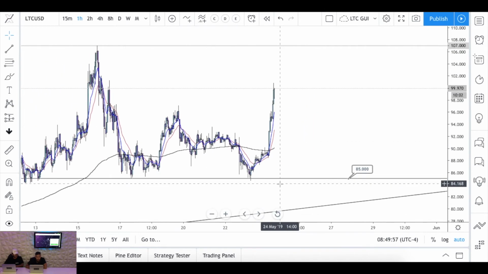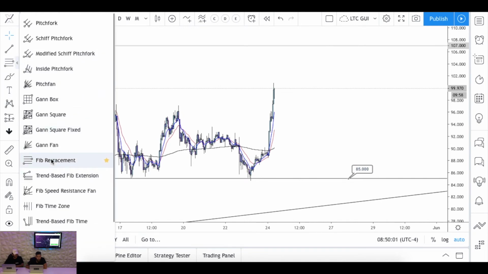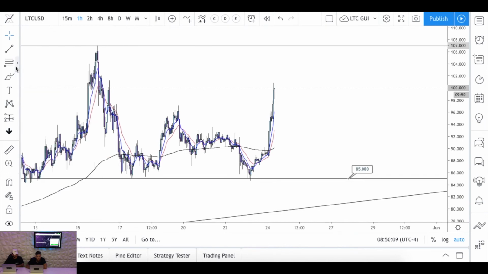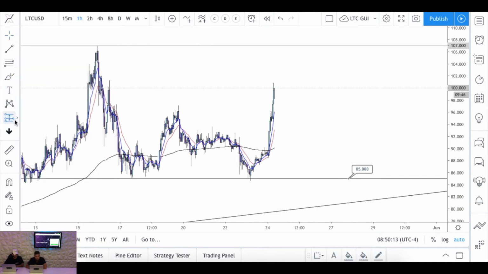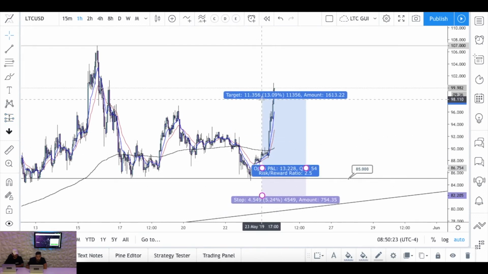Okay, on the Litecoin, I sent this trade to the group yesterday, and it was just fulfilled to TP2. We're now looking to TP3, and I entered the trade actually here, but I sent it to the group at 86.750.